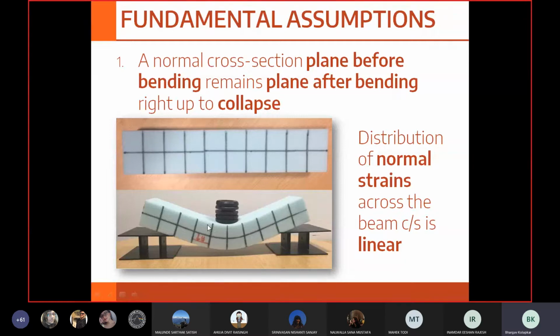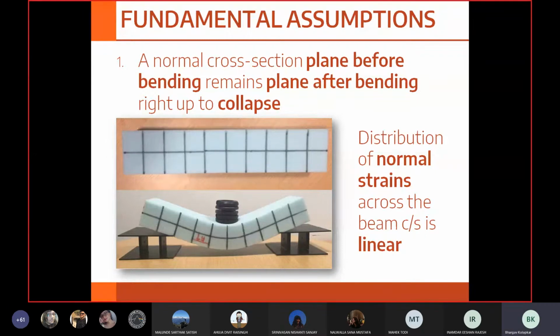You see that the distance between these lines has reduced, meaning that the material above the neutral axis is being compressed, and the material that is below the neutral axis is experiencing tensile stresses. You see that the distance between these two lines now has increased, meaning that the length has increased, meaning that it has elongated, meaning that it is experiencing tensile stresses.